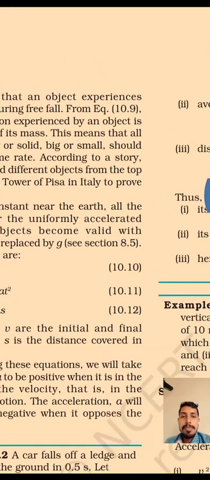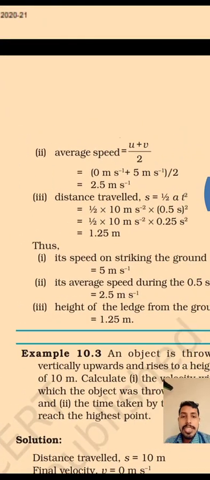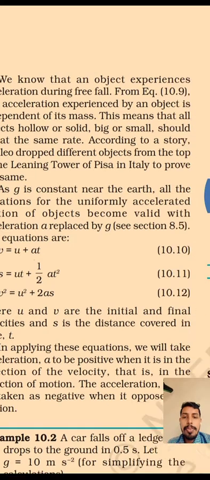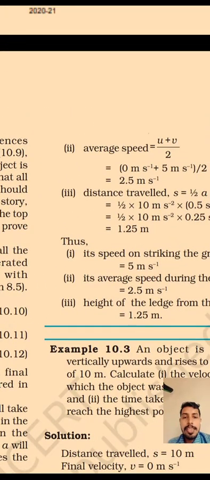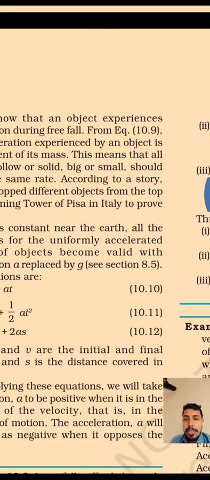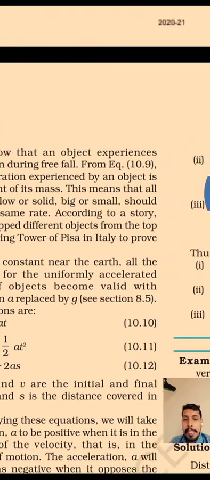In the first equation, what will we get? u is 0, and 0 into any value is 0. So s is equal to half at square, because ut is 0.